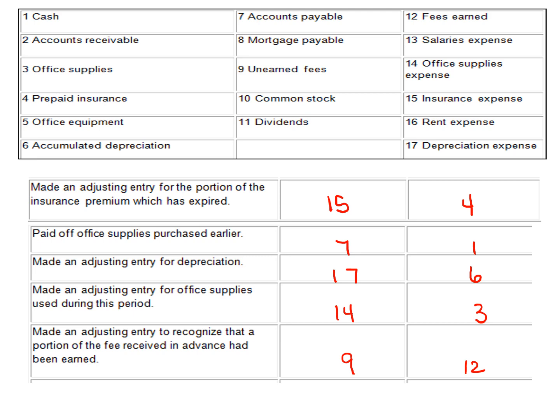All right, made an adjusting entry for the portion of insurance premium that has expired. That means the prepaid insurance has a balance in it, and that prepaid insurance, because it's an asset, has a debit balance.